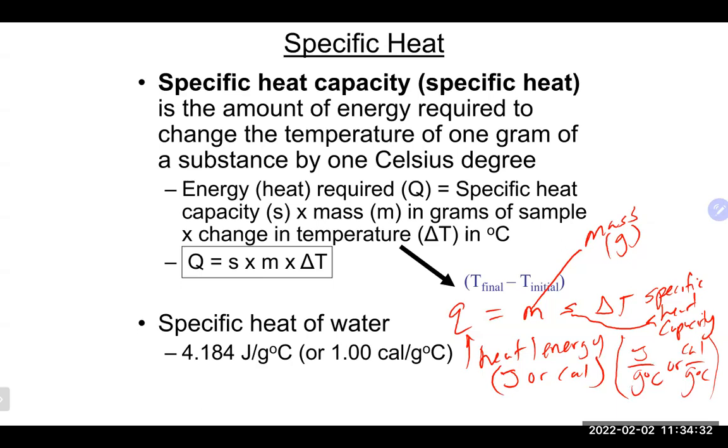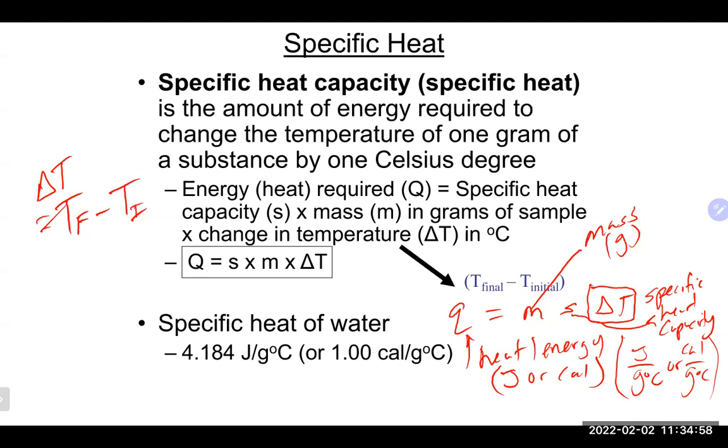Now, most important here is what I was just talking about, and that is actually our delta T. You always want to do delta T as our final temperature minus our initial temperature. And you always want to do that because when we look at this equation, S is a positive number, always.